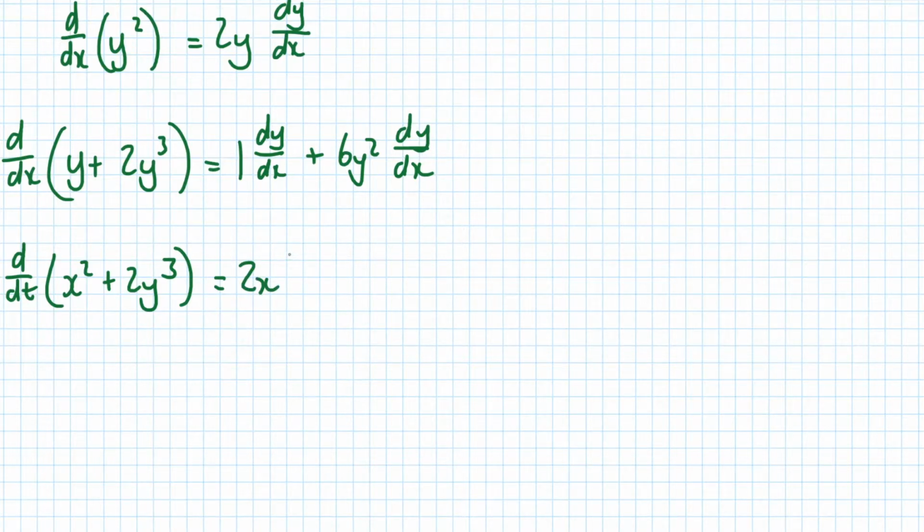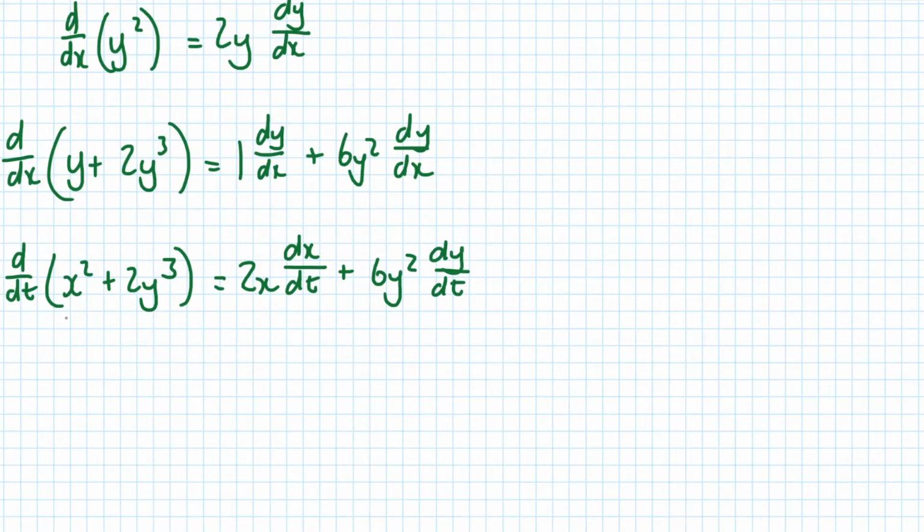And then all we have to put is dx, the variable I have, by dt, the variable I want to differentiate with respect to. Then let's do the second term here. The derivative of 2y cubed is 6y squared again. And then I'm going to put dy, the variable I have, by dt, the variable I want to differentiate with respect to.